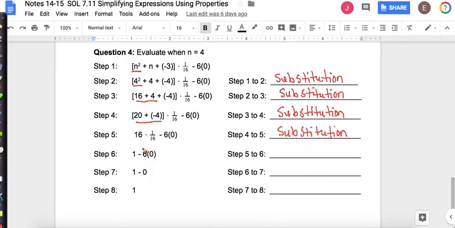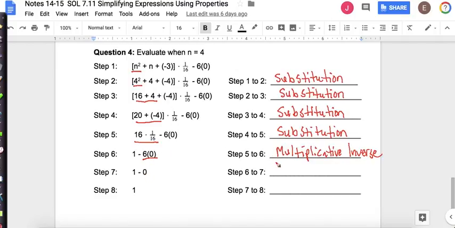So now I want to go from step 5 to step 6. So notice the 16 times 1/16 was replaced with a 1. So anytime I multiply reciprocals and get 1, that's the multiplicative inverse. Step 6 to step 7, the 6 times 0 was replaced with a 0.